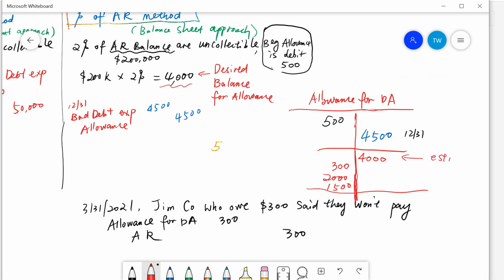And in the end, we're gonna have a balance because we estimated this is what we set up. In other words, this is our estimate. And when we debit this account, these are the actual defaults. So the actual defaults were 3,800. My estimate was 4,000. So in the end, I'm gonna have a balance of $200.